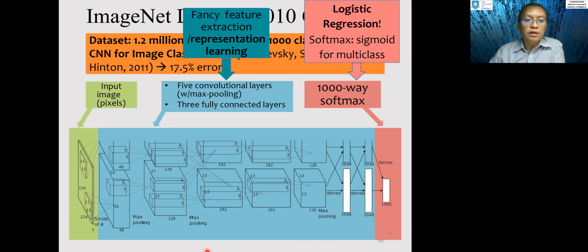So that's the input, representation learning, and a classification model, basically a logistic regression. In this way, we can understand a complex model in an easier way.